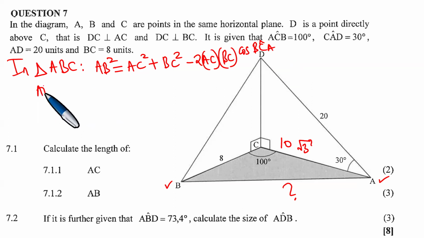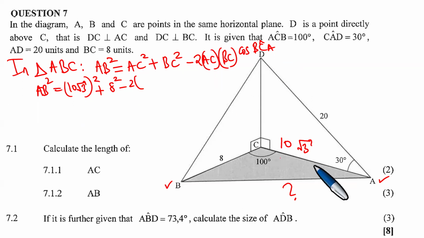What is AB squared? We have AC, 10 square root of 3, you square it, plus BC squared, minus 2 times AC, which is 10 square root of 3, times BC, which is 8, times cosine of the angle BCA, 100 degrees.